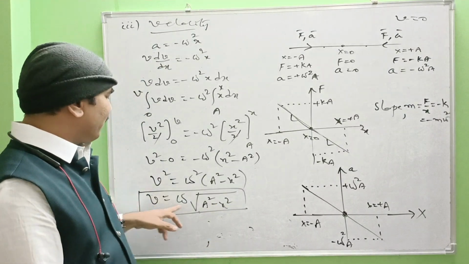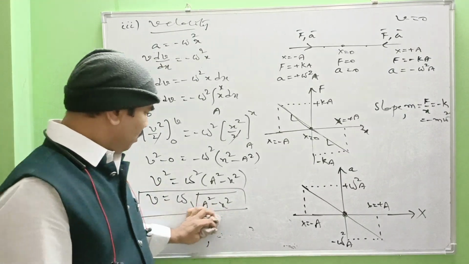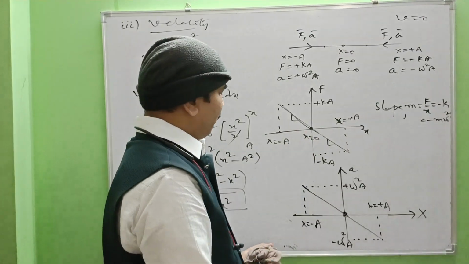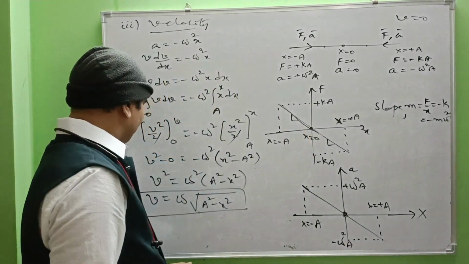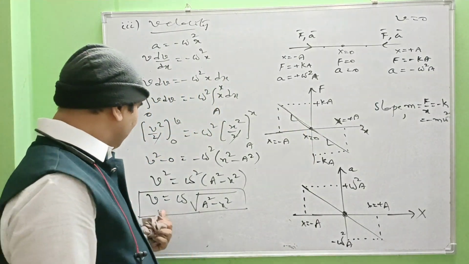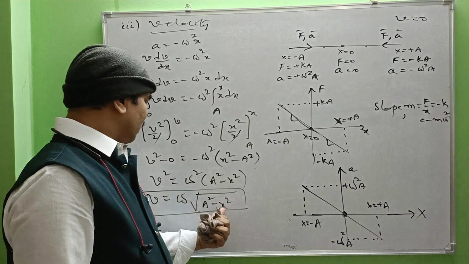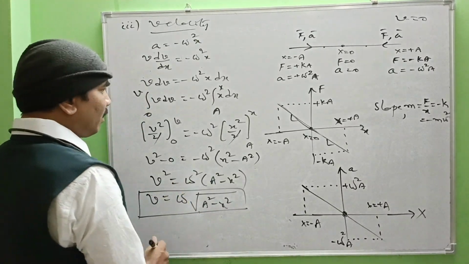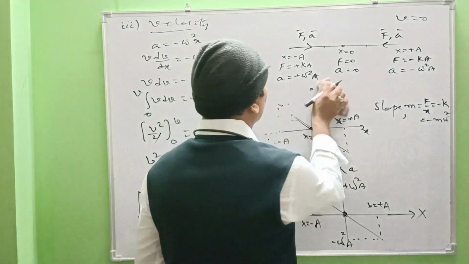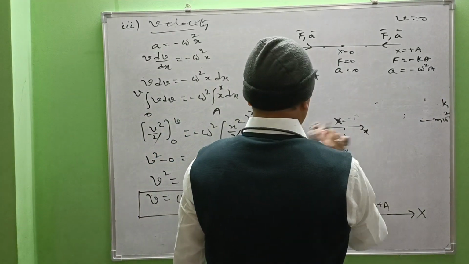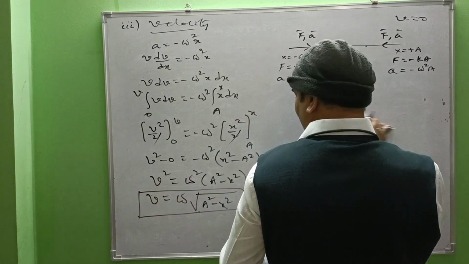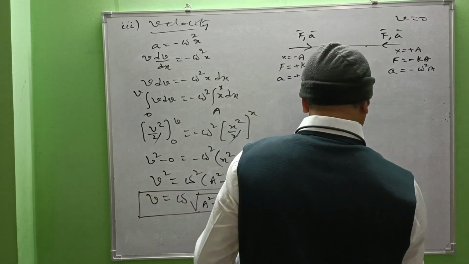See, variation of v with position x. Now how to find this variation graphically? For example, if I take it like this, squaring: v square equal to omega square into a square minus x square.